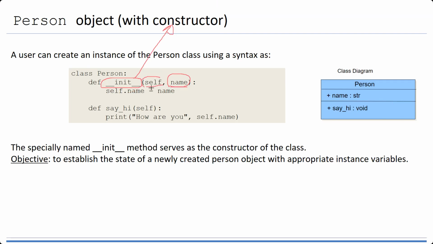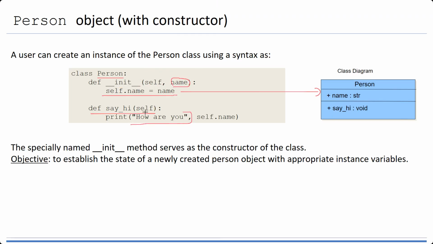We need to use self. Later we will take a look at why we need to use self in this case. And once we set up the person object and we set up the name, we want to define that this is the data member. Let's skip the method say_hi.